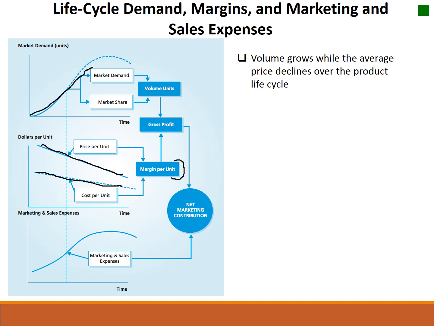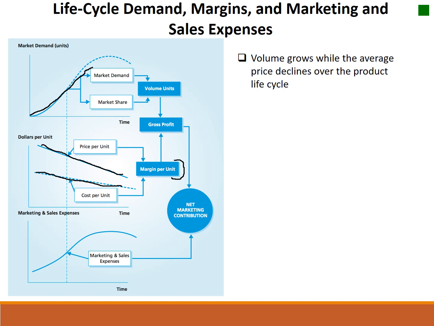Margins get squeezed because the average per unit price tends to go down. Customers pay less for a product after it's matured, and that reduction of price and revenue coming in is not offset by reductions in cost. So that's one of the challenges and one of the things that we think about here as we move forward.